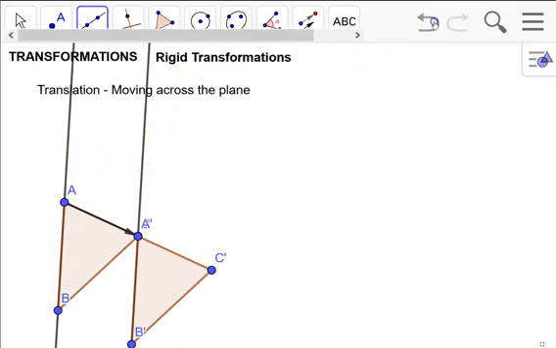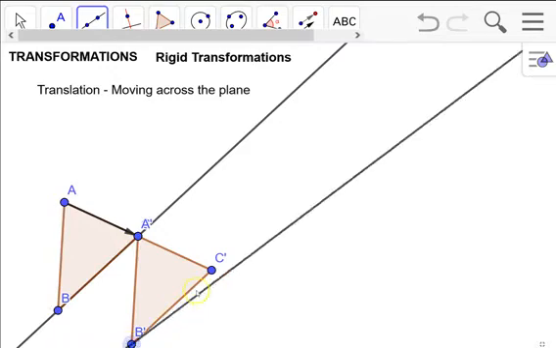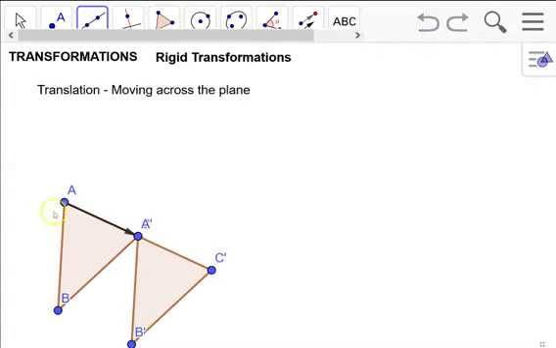That result is going to be the same if I was looking at a line through BC. The same thing would happen with B prime, C prime. We end up with parallel lines. And then obviously if we move a line segment along that particular vector, we'll end up with the same line segment, the same length, at a distance, whatever that vector is.